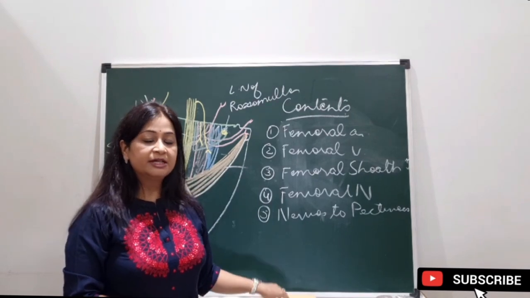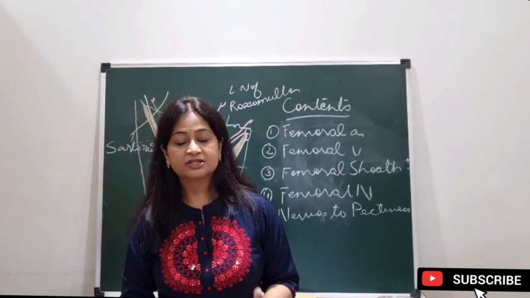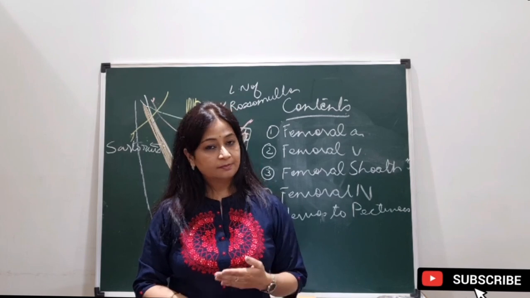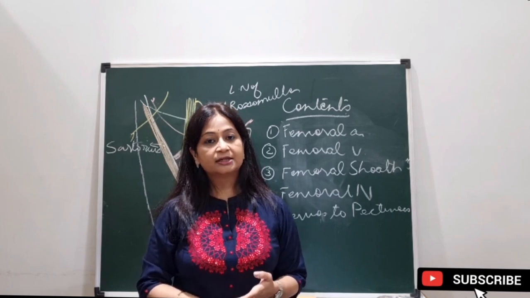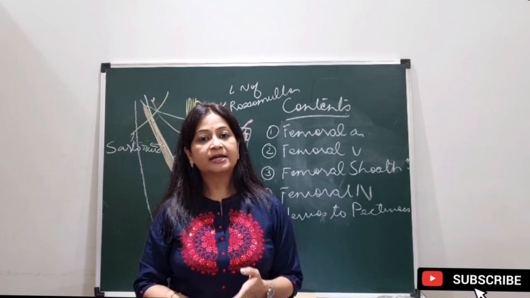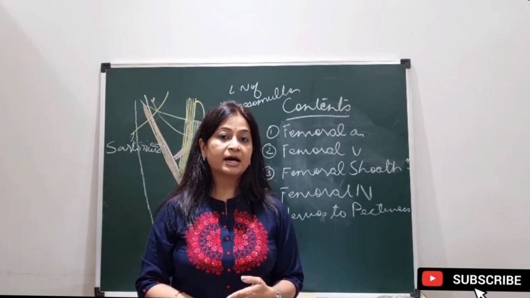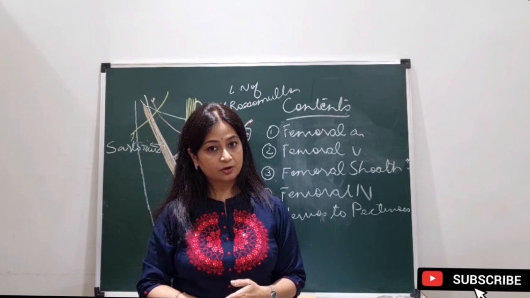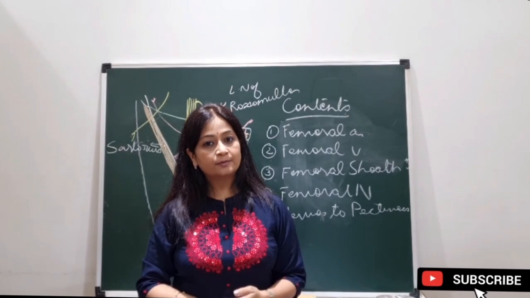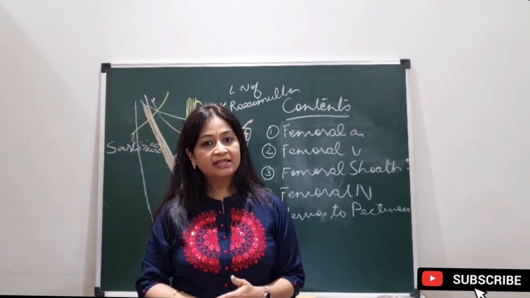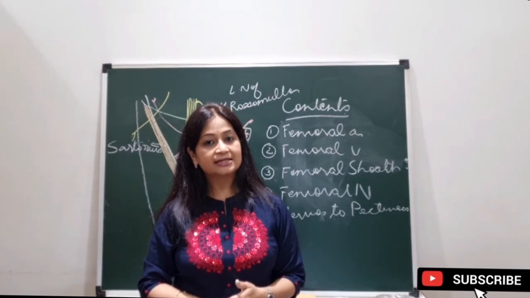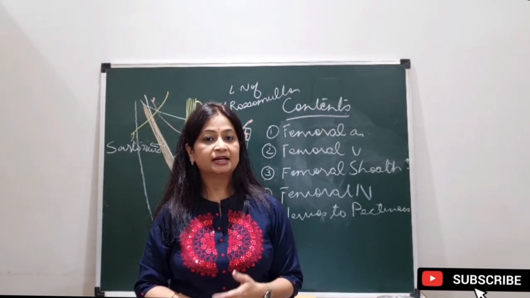I will just repeat a few pointers which you must remember. Firstly, the boundaries. You know that the lateral boundary is formed by the medial border of sartorius. The medial border is formed by the medial border of adductor longus. The base is formed by the inguinal ligament, and the apex points downwards and is continuous with the adductor canal.